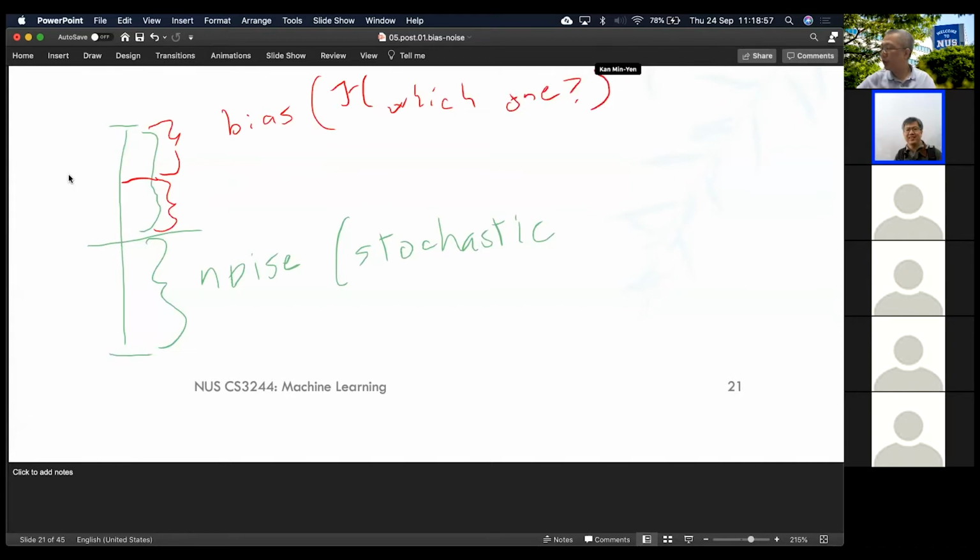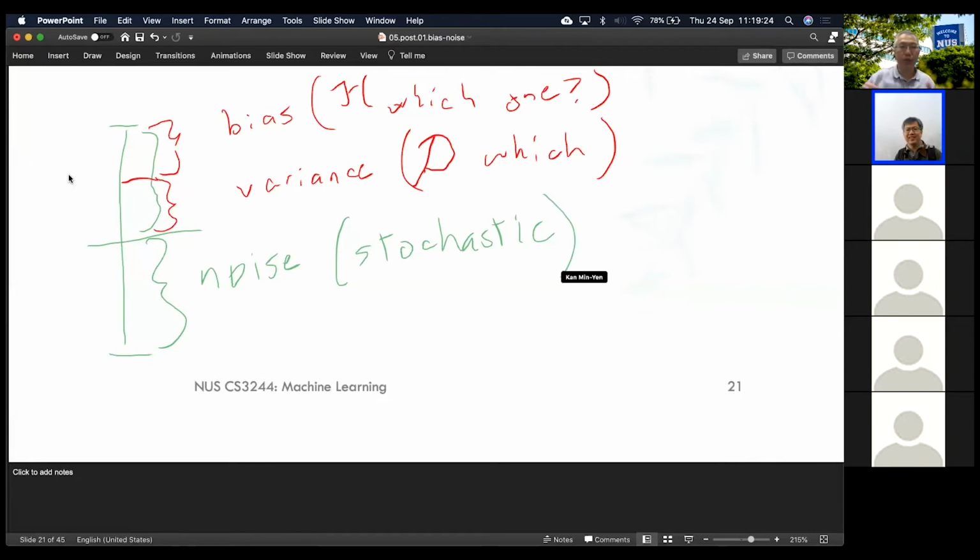And our variance is dictated by the particular sample data set D that we're drawing. Which D, okay? I should have swapped that around, but I hope you understand what I'm talking about. So there are these three segments that are always responsible for this.